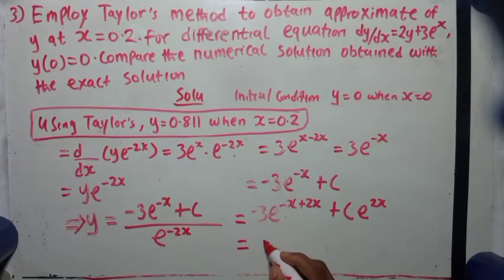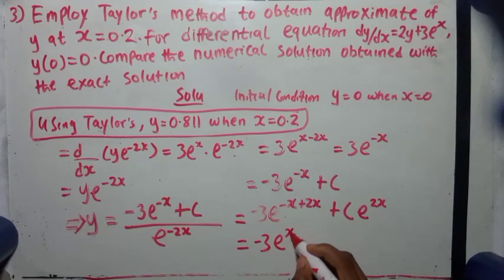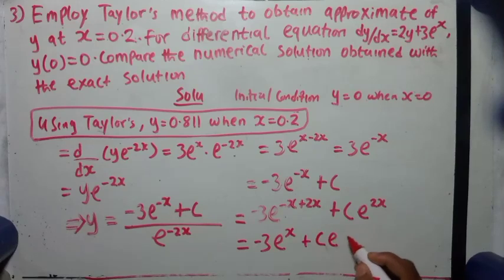You can rewrite this to be minus 3 exponential x plus c exponential 2x. You can also go further to factorize, but that won't be necessary.